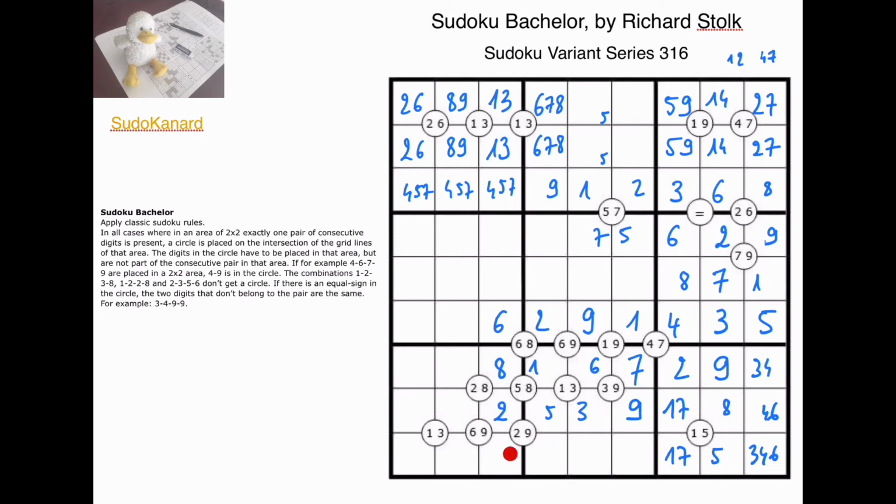We need a 9 down there, and because of this, 9 goes here. We need a 6 and something consecutive with 1. And we see that both 1 and 3 are candidates. So 1 or 6 here, 1, 3 or 6. And because of 6, we need 5 or 7. 5 is not allowed, so it will be 7.